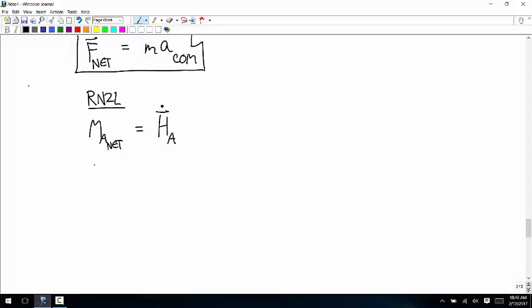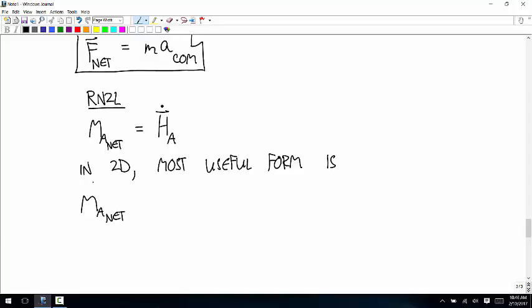And in 2D, well, that's true in 3D too. But in 2D, the most useful form is that you add up all the moments about A. That's equal to the moment of inertia about A times the angular acceleration.